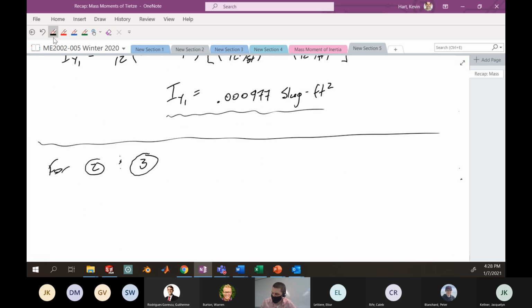Okay, so the same general idea here is something like I_y of object 2, we'll stick to first, is the mass moment of inertia of object 2 about its own centroid, plus the mass of object 2 multiplied by the distance that object 2 is squared from the axis of interest to the centroidal axis.